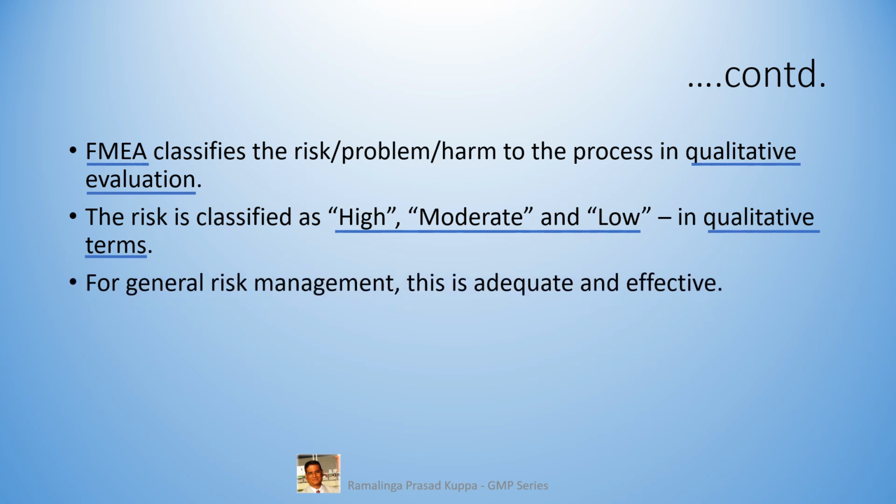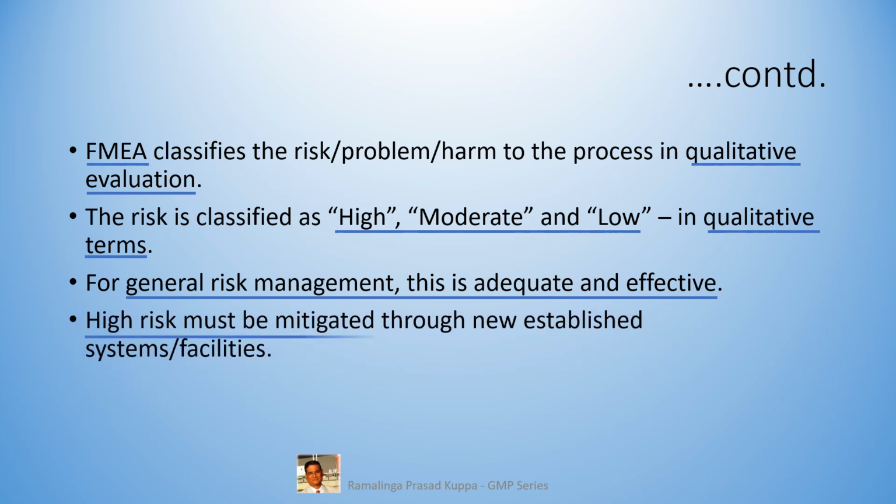For general risk management, this is adequate and effective. High risk must be mitigated through newly established systems and facilities. For the high risk identified, the system may have to be modified to mitigate the risk.